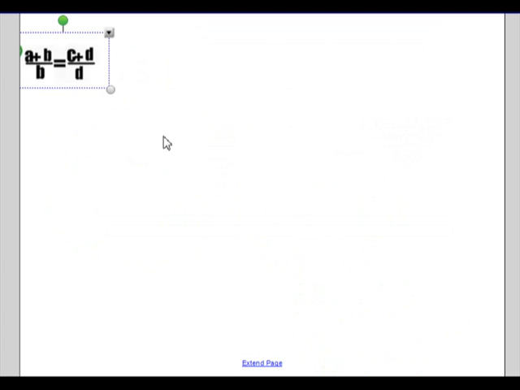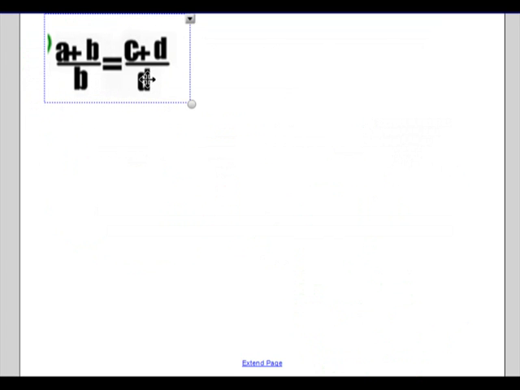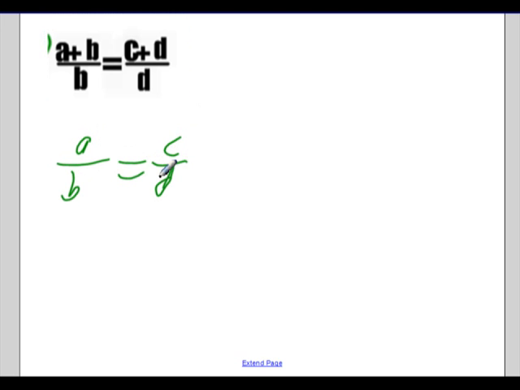Here we go. So the reason that works is that if you start with A over B is equal to C over D, think about this. Is it okay to just add 1 to both sides of an equation? Of course it is. You can add anything to both sides of an equation and it doesn't change it. Well, I'm going to rewrite it because it's getting messy.